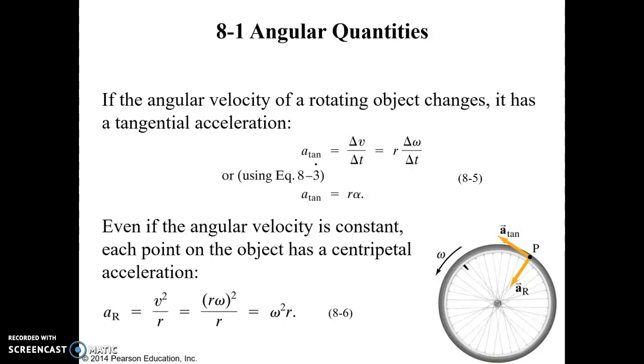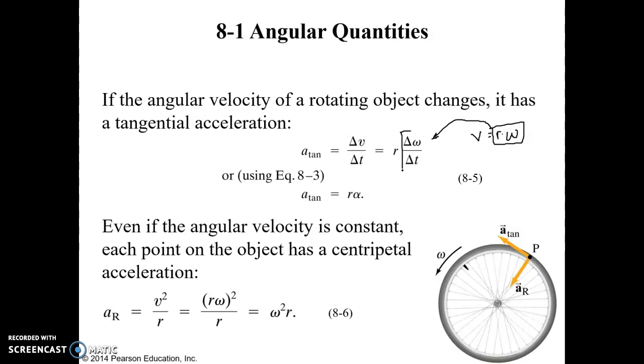So our tangential acceleration, as I said, is change in velocity over change in time. We can do a little bit of substitution here, since we know that velocity is equal to r times omega. We'll take that r times omega and plug it in place of delta v, and we get r and delta omega over delta t.